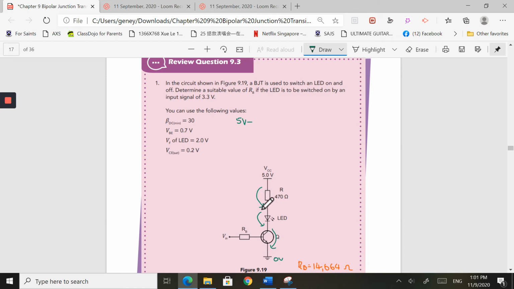So I_C times R of the resistor here, which is 470 ohms. I minus away the voltage drop across the LED. In this case, it's given as 2 volts. This is the information given: the forward voltage of the LED is 2 volts. So I have to minus away the 2 volts.